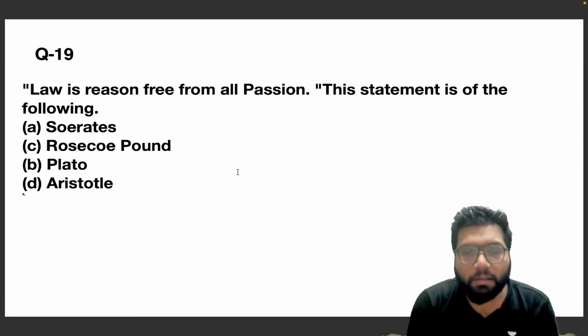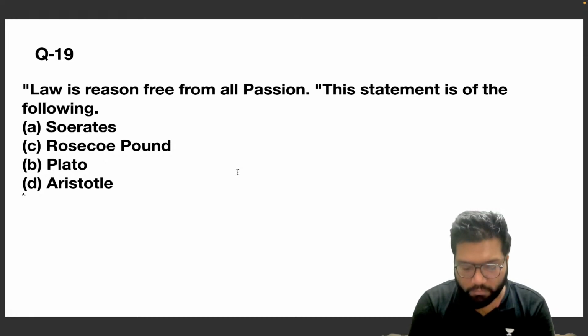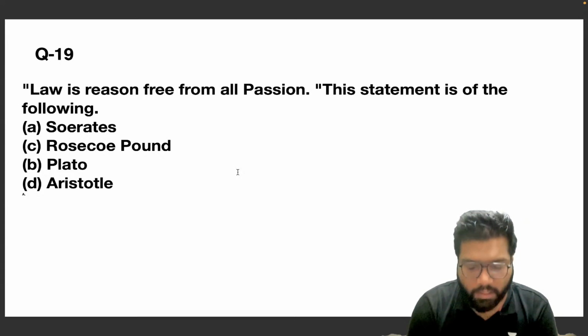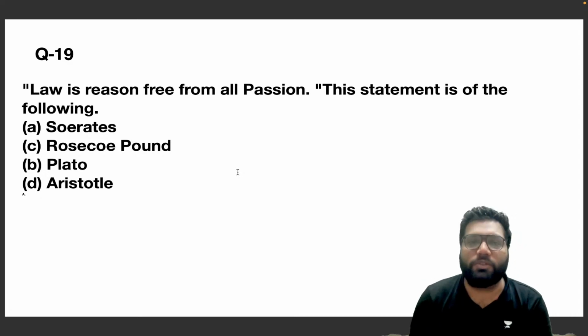Students, yesterday also I pointed out that you need to work on the concept of jurisprudence. And the correct answer is D, Aristotle. And usually you are going to get some factual questions only when it comes to jurisprudence. I know it's hard to remember the statements, but this is what it is. You don't have any other option.